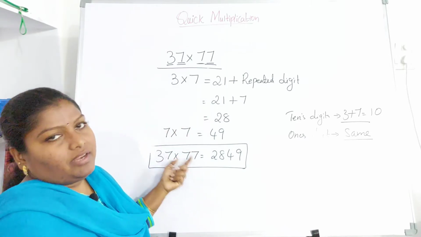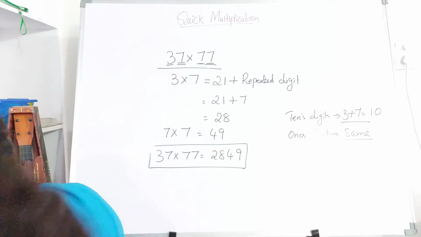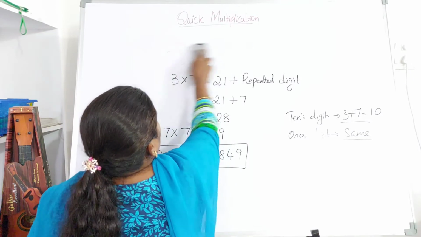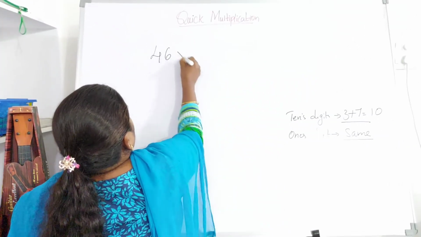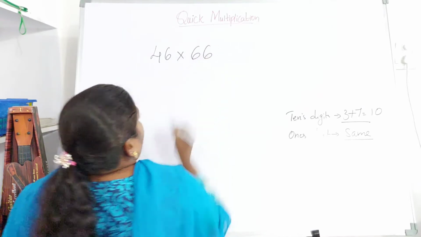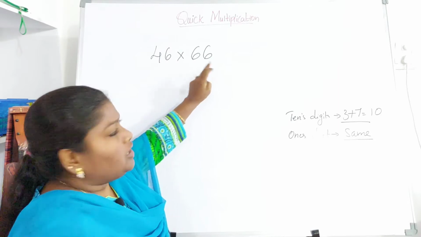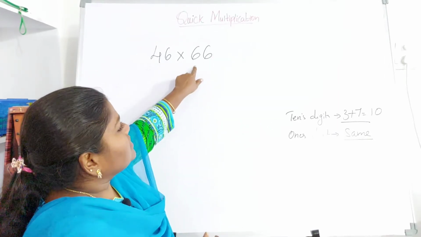So let me explain one more example. The next example is 46 into 66. Now what is the first rule? The tens digits should sum up to 10.